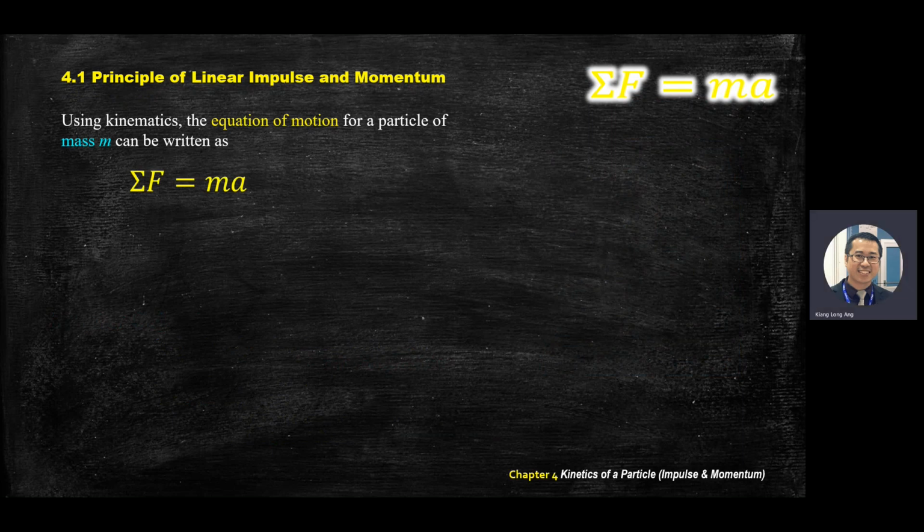So in chapter 2, you learned about F equal to ma. All the forces combined will give you a motion, right? In chapter 3, there's one tutorial that I mentioned in the slide. I mentioned equilibrium, and then all the forces equal to 0.